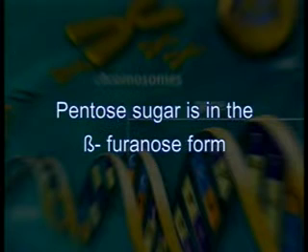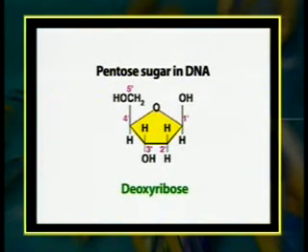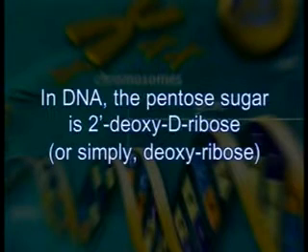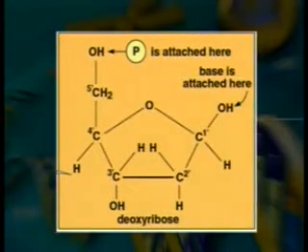In nucleotides, the pentose sugar is in the beta furanose form, that is, in a closed 5-member ring. In DNA, the pentose sugar is 2'-deoxyribose, or simply deoxyribose, which is the reason for the name deoxyribonucleic acid. The oxygen atom present at the second carbon of ribose is missing in deoxyribose.